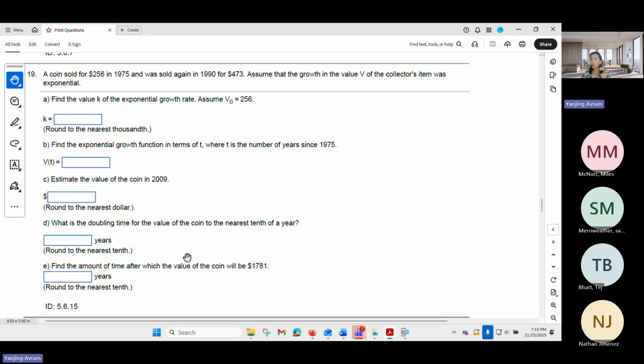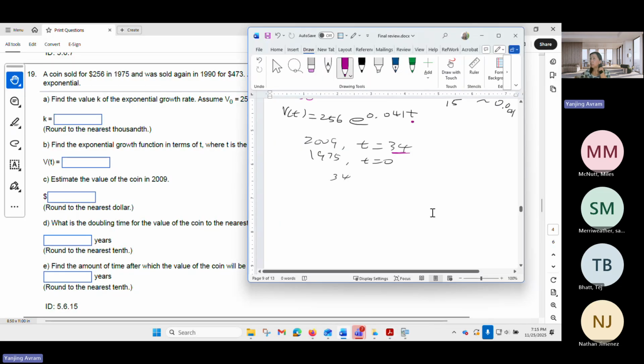Part D here is what is the doubling time? Okay. The doubling time is very similar to the one we found earlier. So the doubling time, that means I have B of t equal to 256. Okay. And then I want to double. All right. So double, what does double mean?